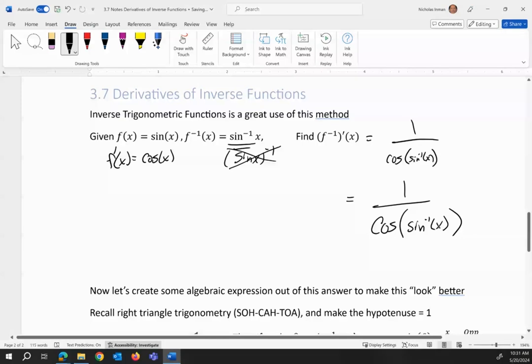My x value has to be a number on the unit circle. Sine inverse of some number is going to give me an angle back out. I then do cosine of that angle, and that will be the slope of my tangent line.